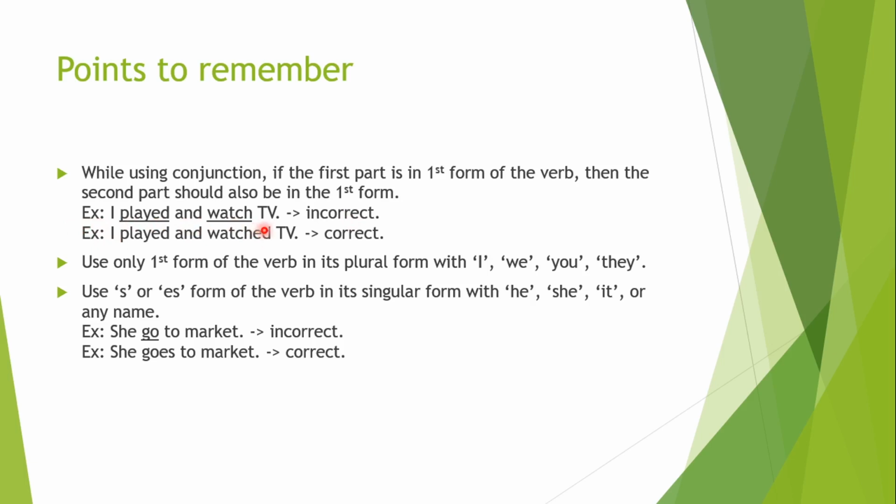Example, "I played and watch TV." See here, played is a second form, of the past tense, and watch is present. So it should be watched. In place of watch, we should use watched.